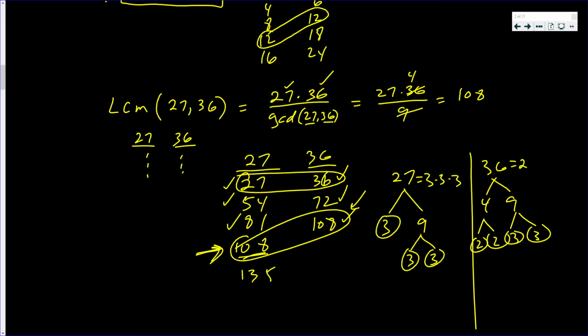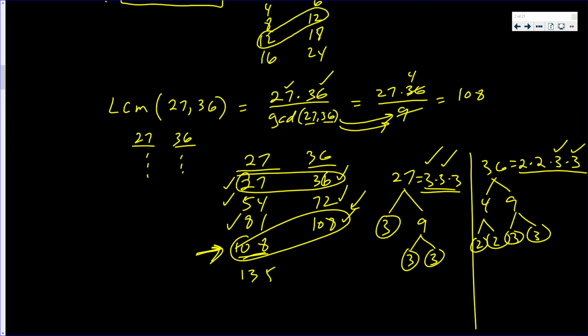So this is 2 times 2 times 3 times 3. I look here, I look here. I look for what they both have. Well, they both have a 3. Ooh, they both have another 3. That's all they have in common. And 3 times 3 is 9. That is how I got the 9. Well, that's one way you can get the 9.